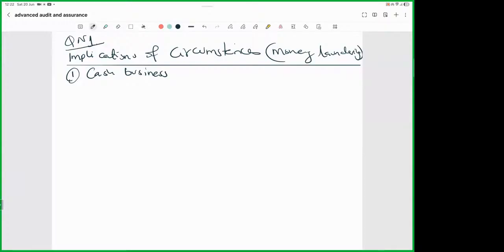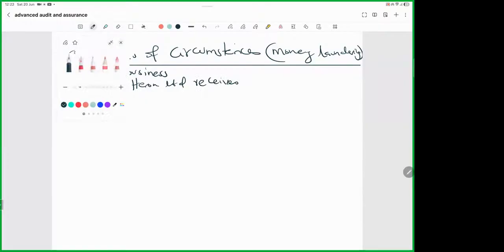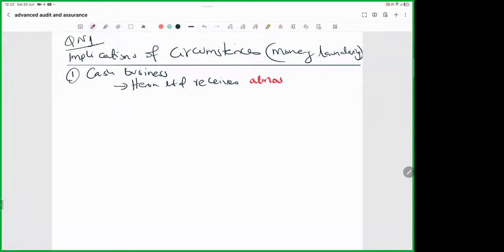So cash business. So you're told in this case here that Heron Limited receives almost all its revenues in cash.